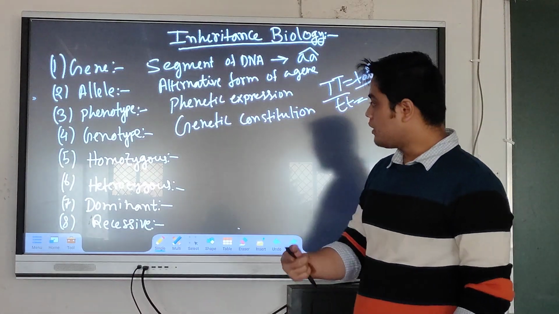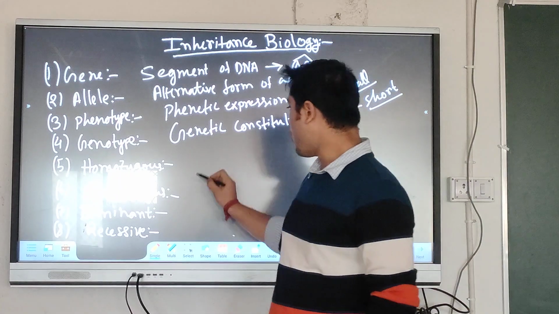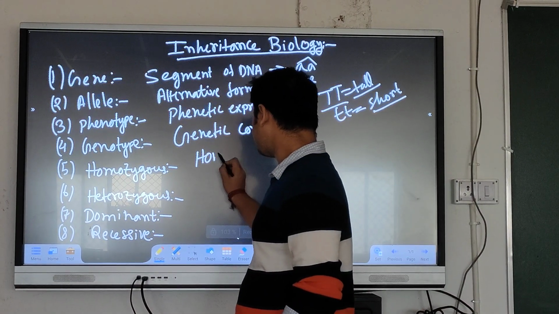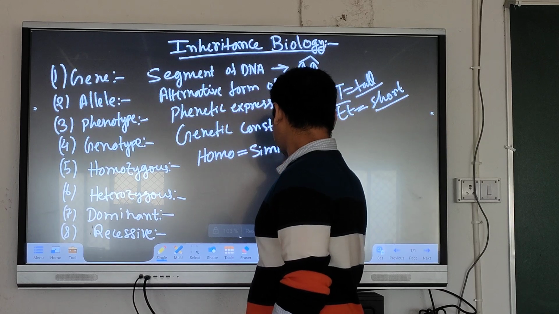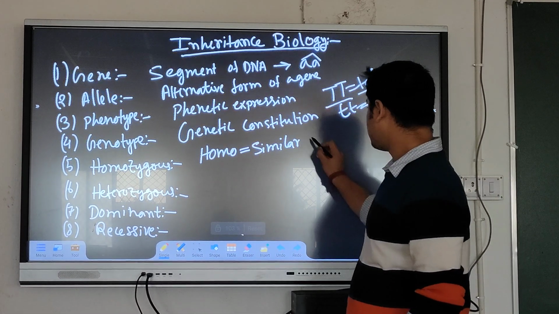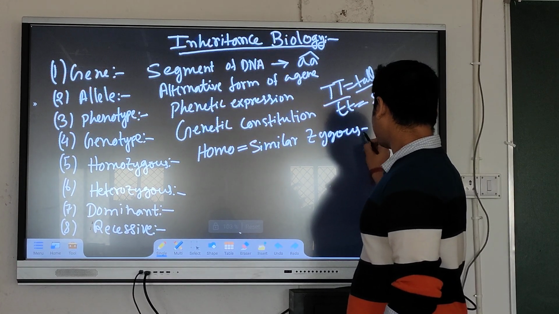Understood? Now come to the next point, that is homozygous. What is the meaning of homo? Homo means similar, whereas zygous means zygote.